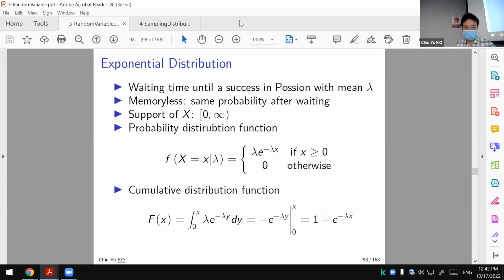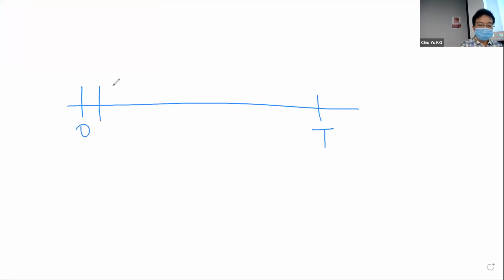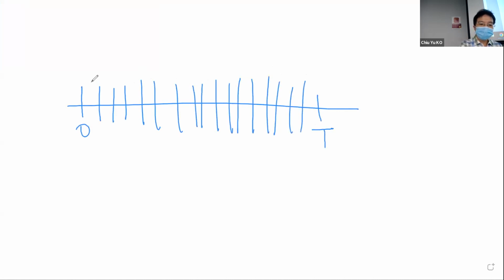So just to remind you, the Poisson is like this, right? For a period of time, you cut this into very small subintervals, right? Because this is time t, each interval is just t over n, and we have n go to infinity, or n is very big, so that's why you cut the time horizon into very small subintervals, and each subinterval has success probability p, right?